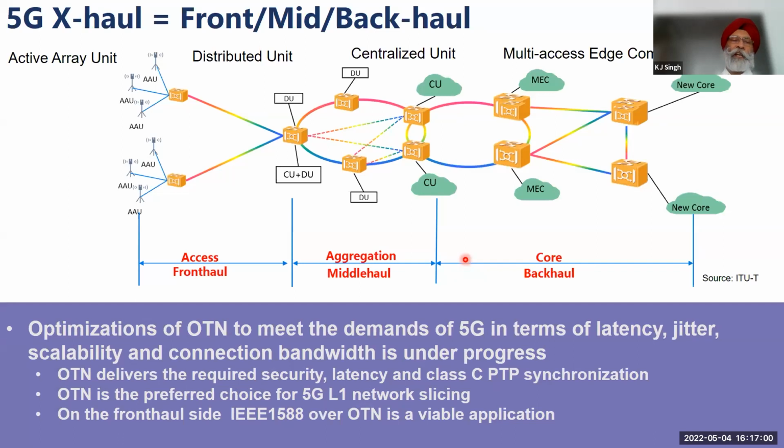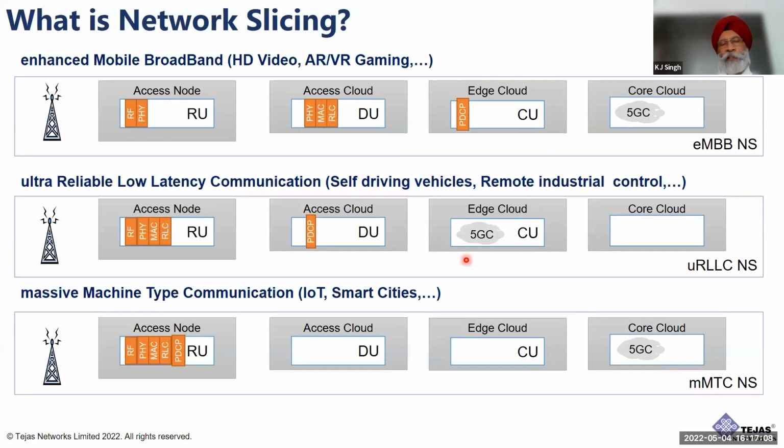All of this still requires a lot of development, and deployments are just starting. So we still have a lot to learn in this area. But network slicing is an important concept that OTN is looking to enable.